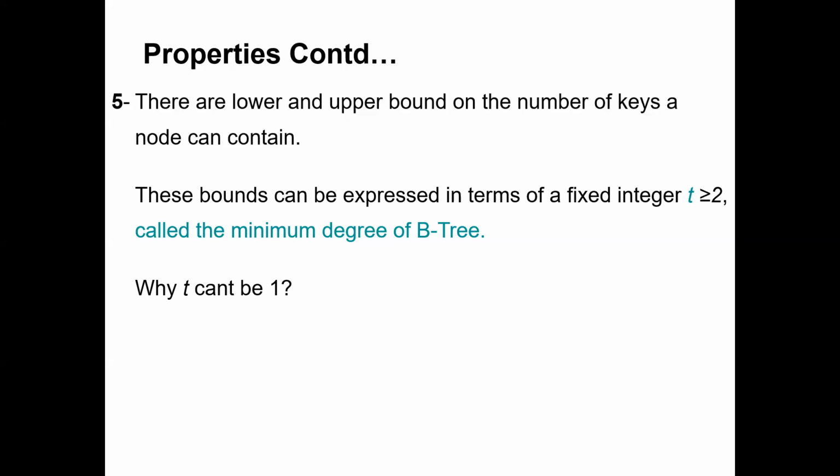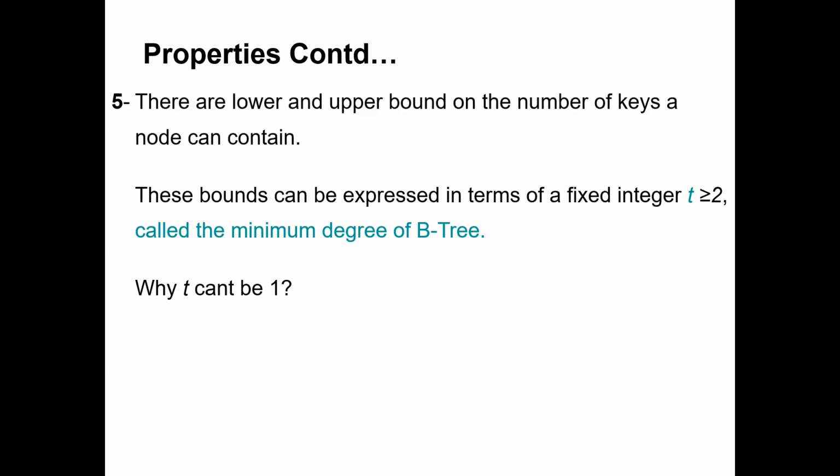I repeat again, a node can have at least t minus 1 keys and at most 2t minus 1 keys. A node can have a minimum of t children and at most 2t children. So m is always equal to 2t.